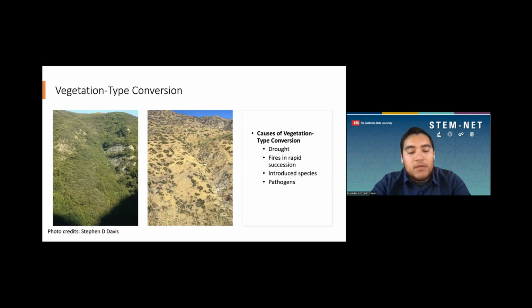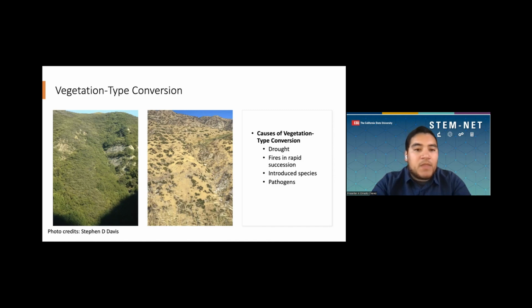And vegetation type conversion causes many changes in the ecosystem of these landscapes, and it changes the composition of plants, animals, and microbes in the ecosystem. And this is also a permanent state. So to restore these landscapes, active restoration is needed.